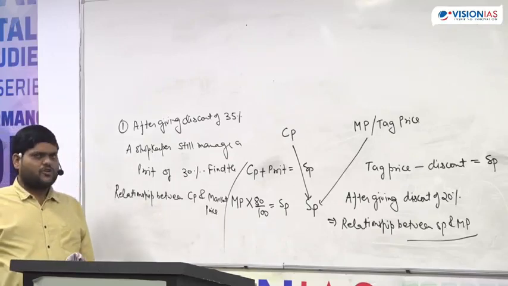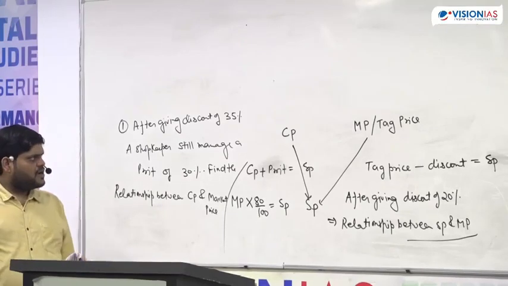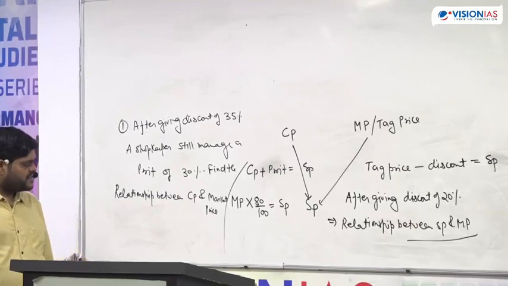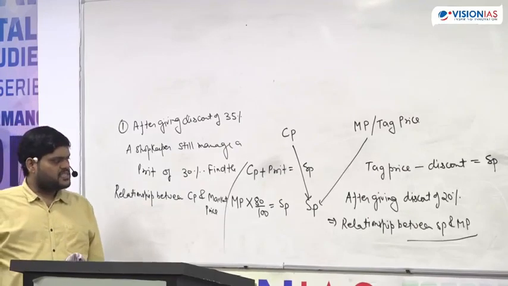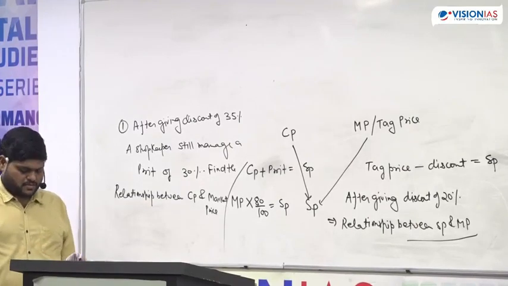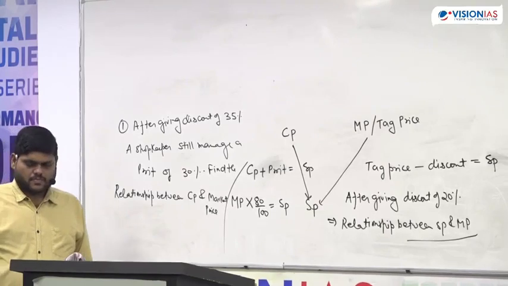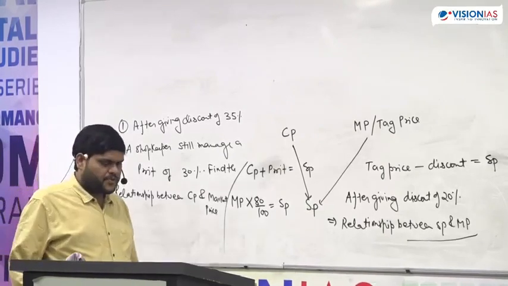After giving discount of 35%, a shopkeeper still manages a profit of 30%. Find the relationship between CP and market price. Try this question.